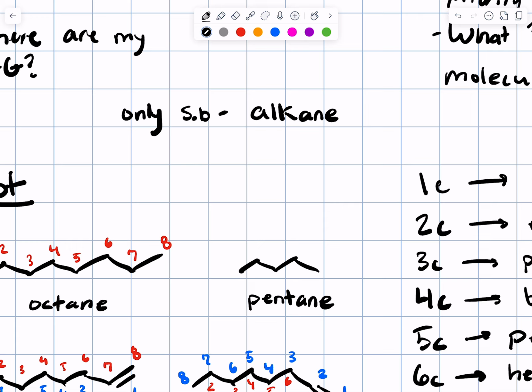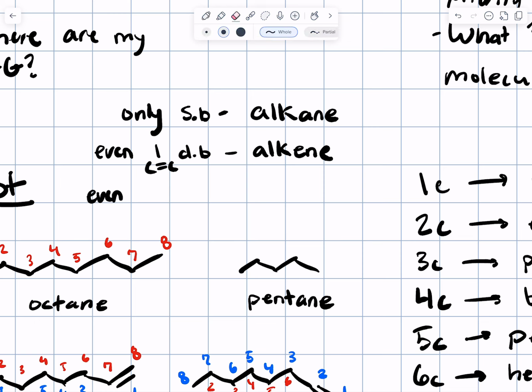So even one double bond, the general name for this molecule is now an alkene. The point here is the double bond is between carbons, so a carbon-carbon double bond.